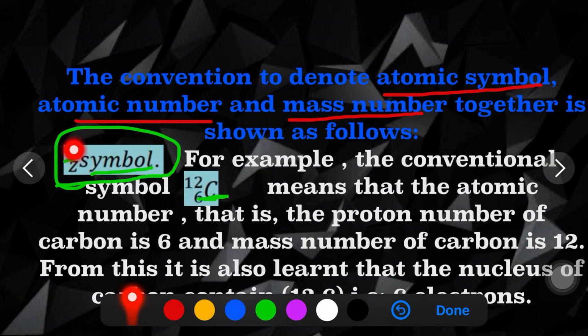Don't forget, student, once again I am repeating, capital A means mass number. So 12 is the mass number of carbon.